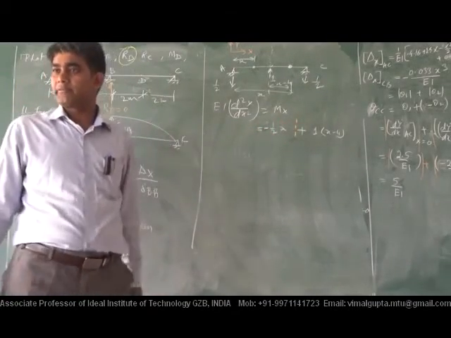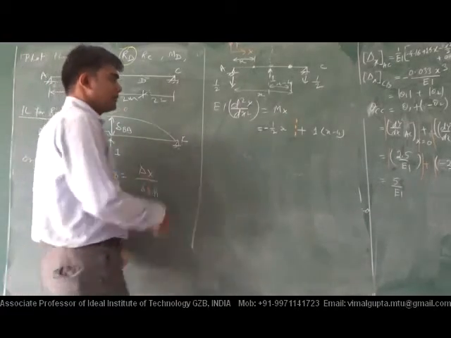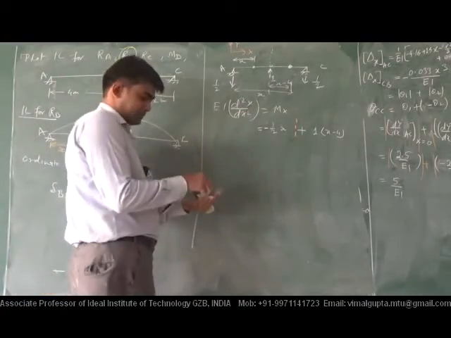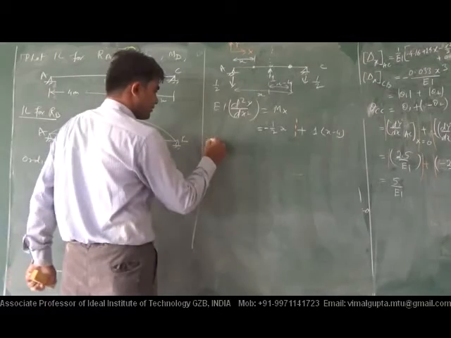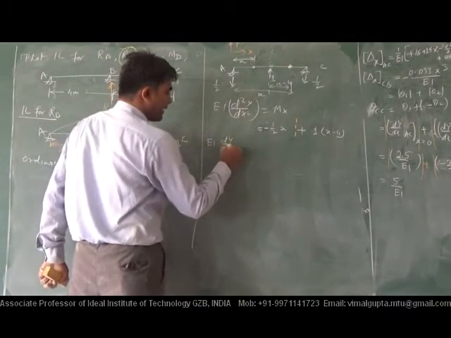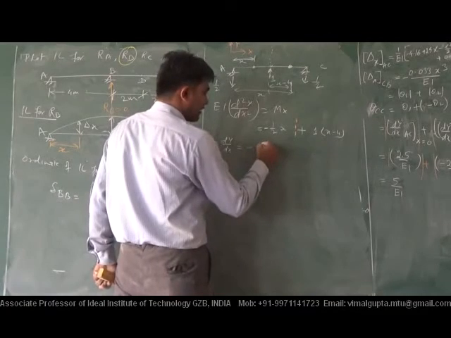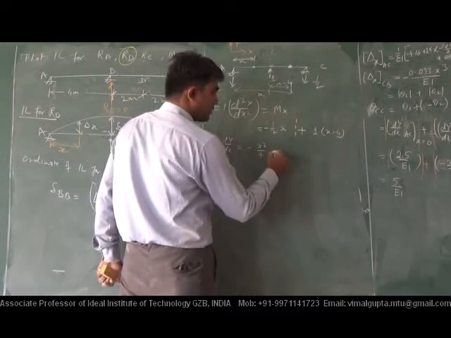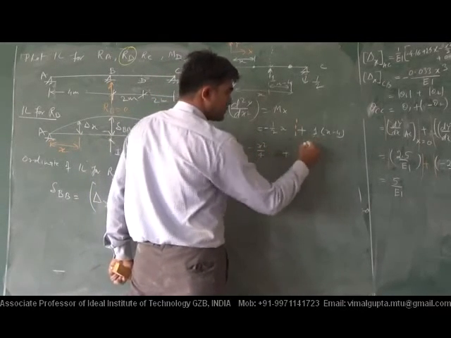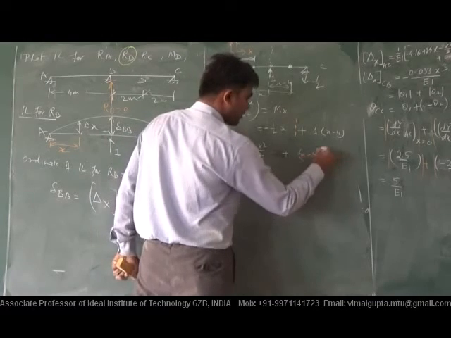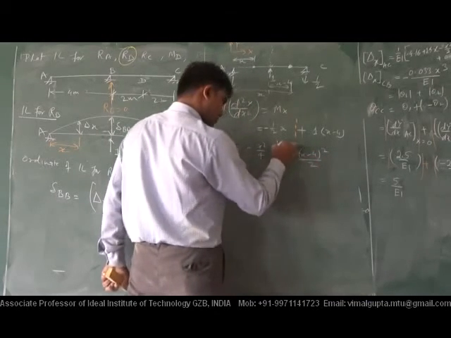The procedure is this. Now integrate this EI dy by dx. How much will that value be? Minus x square by 4 plus x minus 4 square by 2.